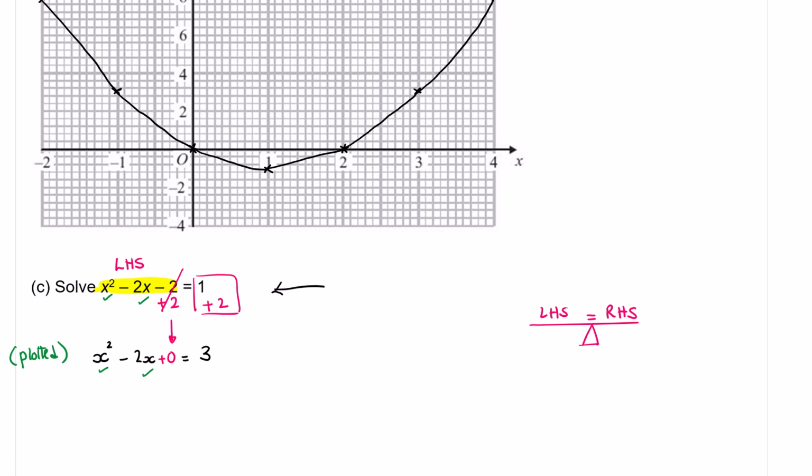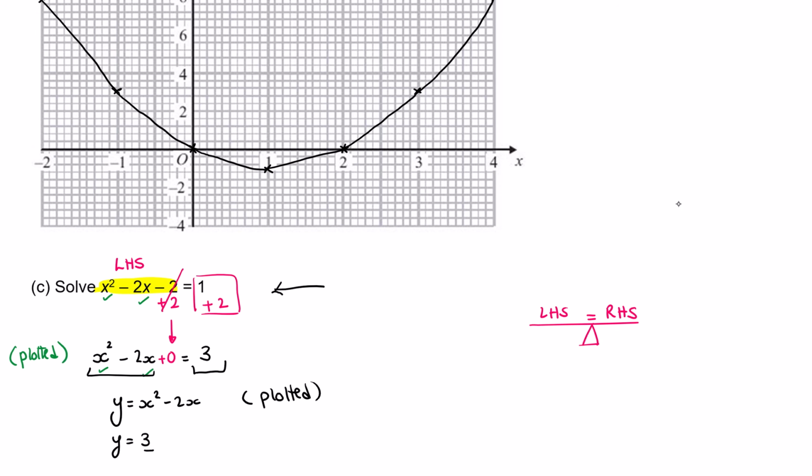Now that you've done that, you have your two equations. You have y equals x squared minus 2x, which is already plotted. And the other equation, which is y equals 3.